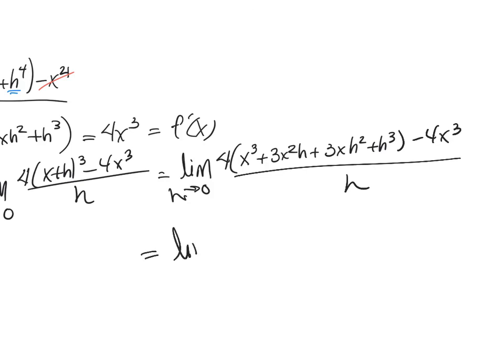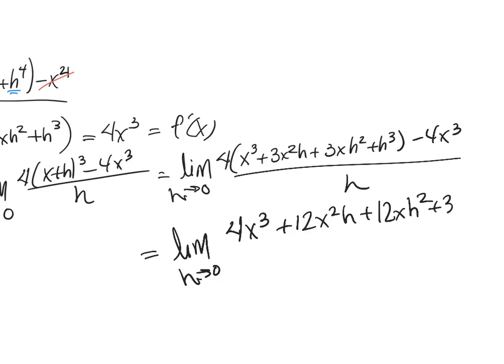I have the limit as h approaches 0 of 4x to the 3rd plus 12x squared h plus 12x h squared plus 4h cubed minus 4x cubed all over h. My x cubes cancel themselves out. This has an h, this has an h, this has an h, and this has an h.